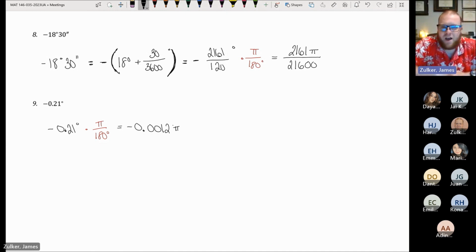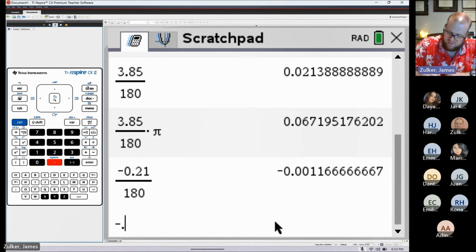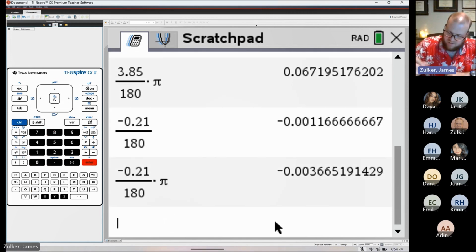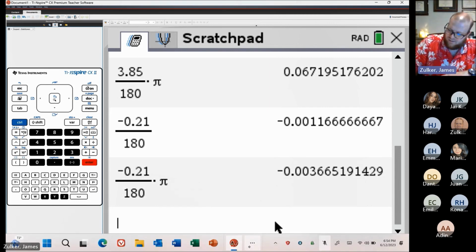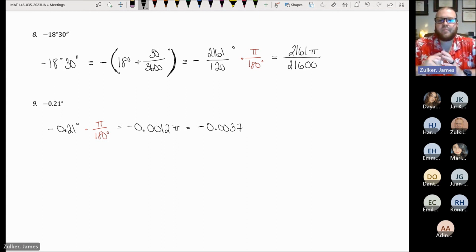Negative 0.0012 pi. Right? Or if you want to get rid of the pi, negative 0.0037. Right?